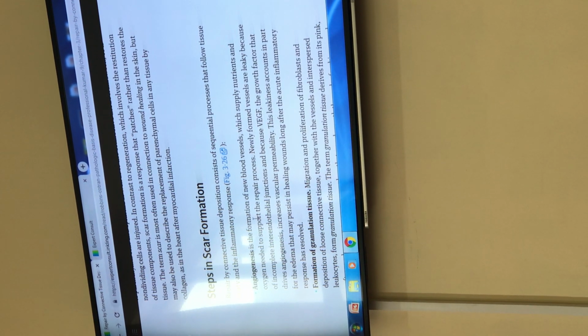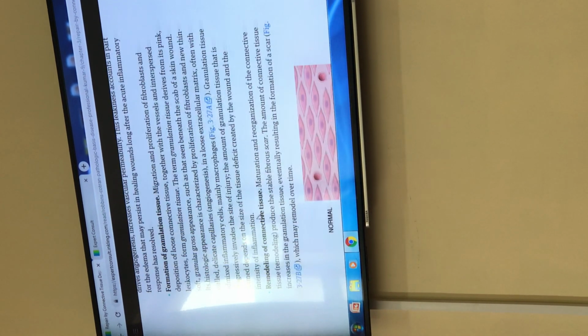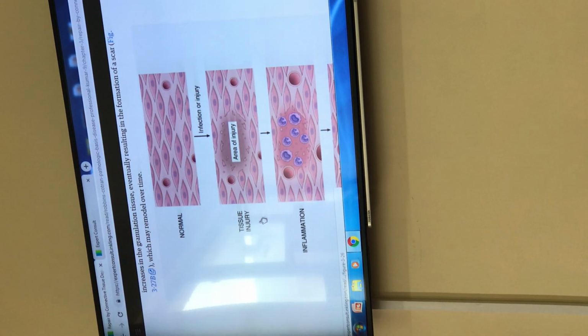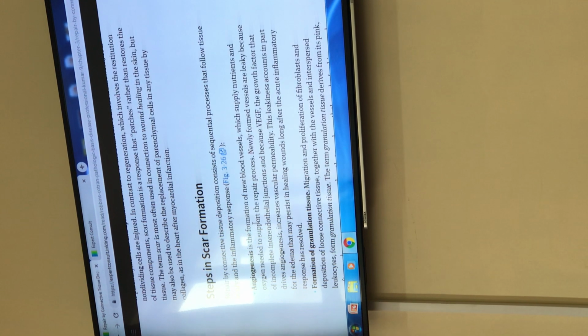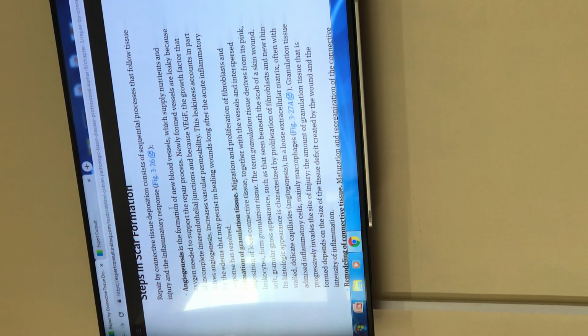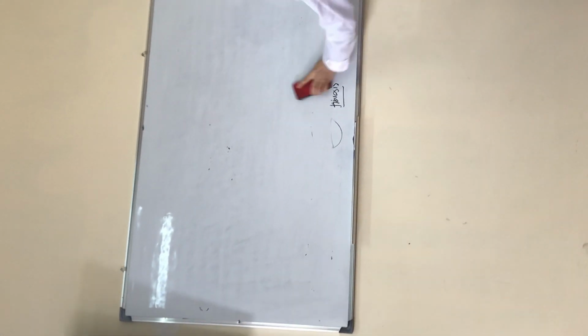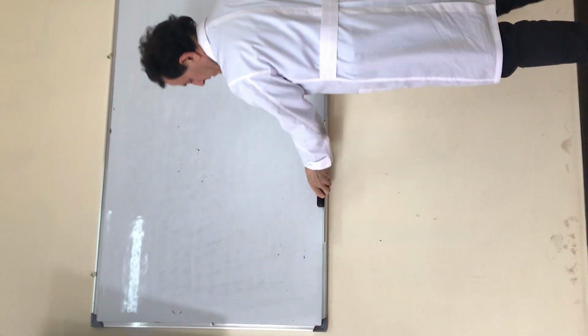Now, what are the steps in scar formation? We have some types of tissue repair, but what are the steps to form a scar?